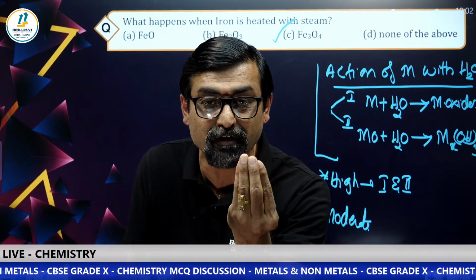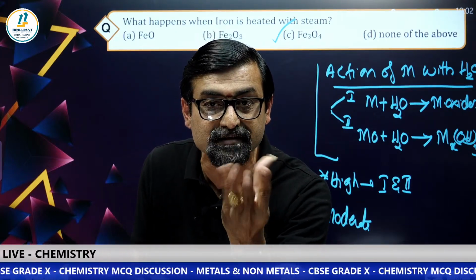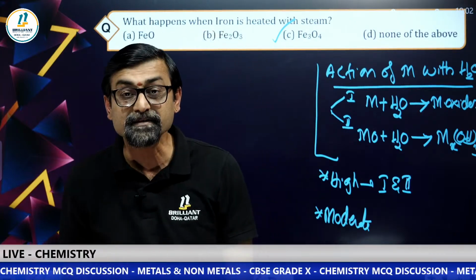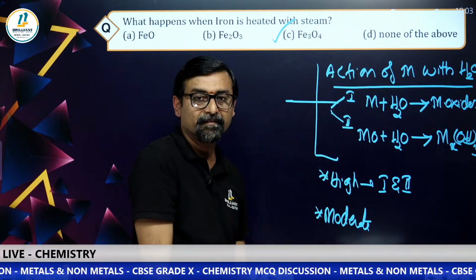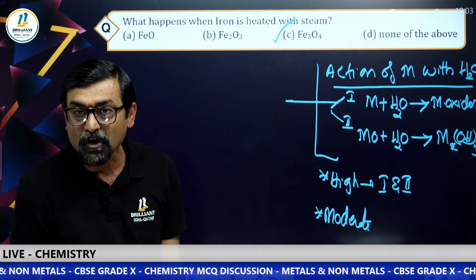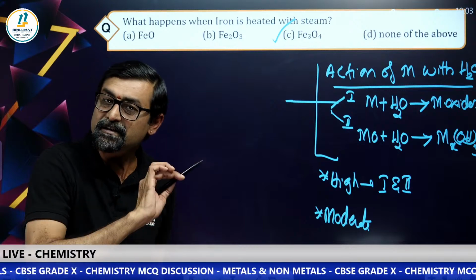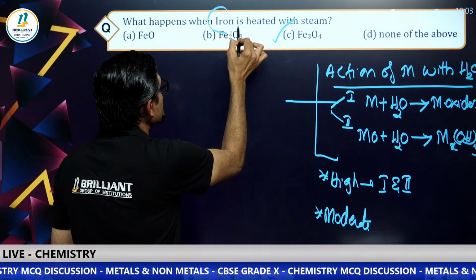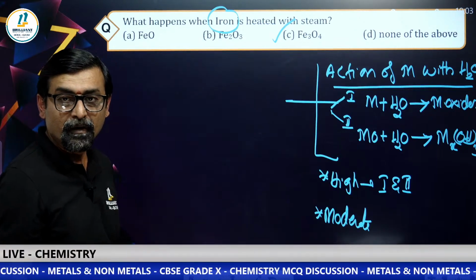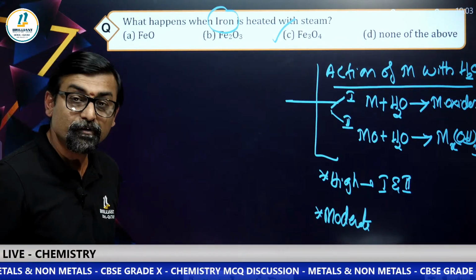These five metals will stop at step 1. That means they end their reaction with oxides. So it is clear that iron is a moderate reactive metal.